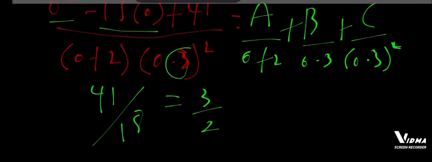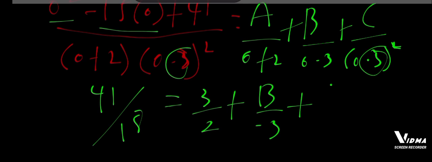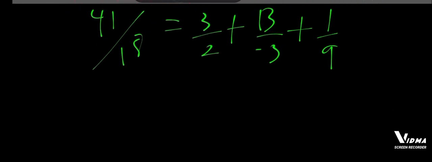And we also know the value for c. So the value for c was 1. Okay. And the 3 squared gives us what? The 3 squared gives us 9. Okay. So we have plus 1 over 9. So we just have to find the value for b. And upon simplification, we are just going to have b to be negative 2. And with this, you can find your ABC easily.